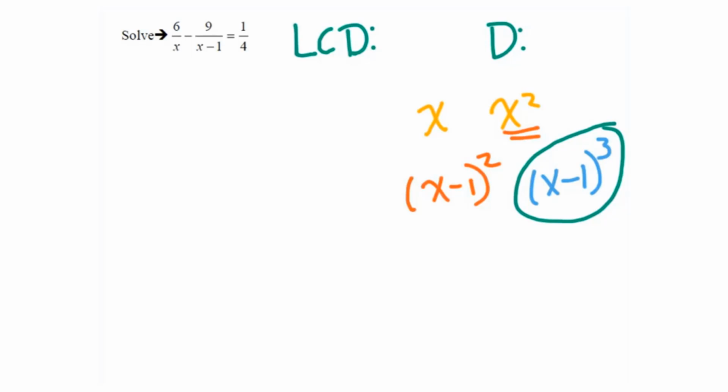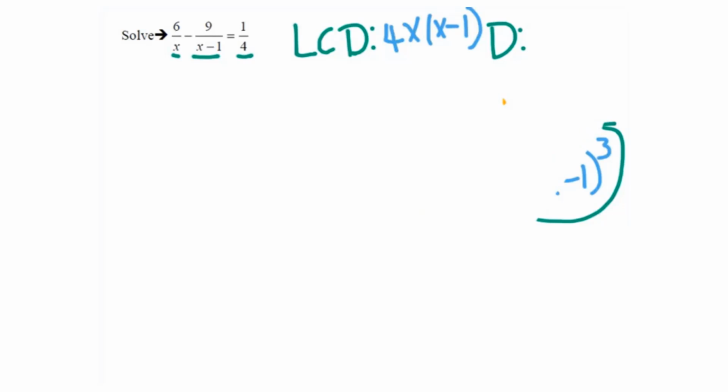Let's look at this question. How many factors do you have? You have this x, this x minus 1, and a 4. Therefore, put all this together, I got 4x times x minus 1. How do you get the domain? Check each term of this equation.